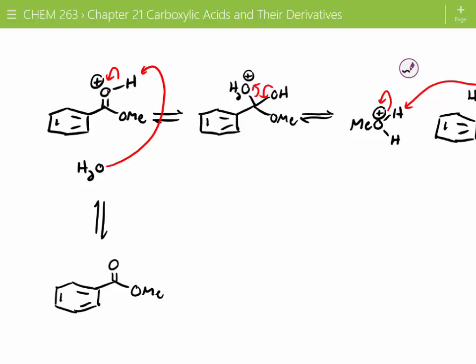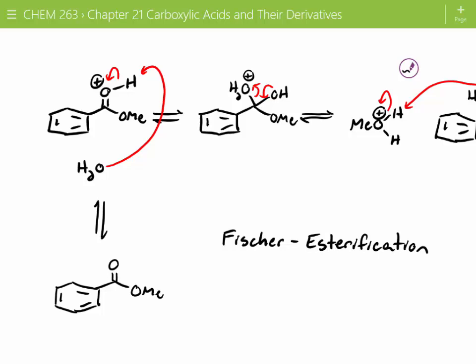This is an example of a reaction called a Fischer esterification. So it's a pretty simple process. You're going to have to practice a little bit of this with your problem of the day with arrow pushing.